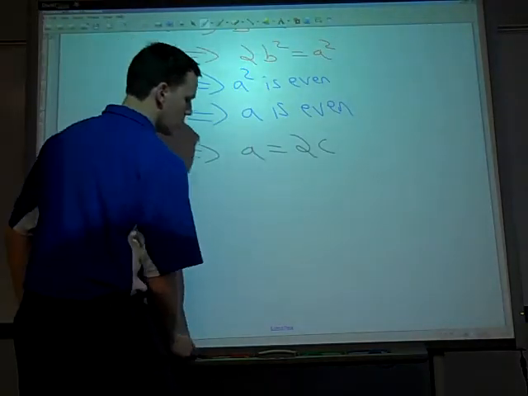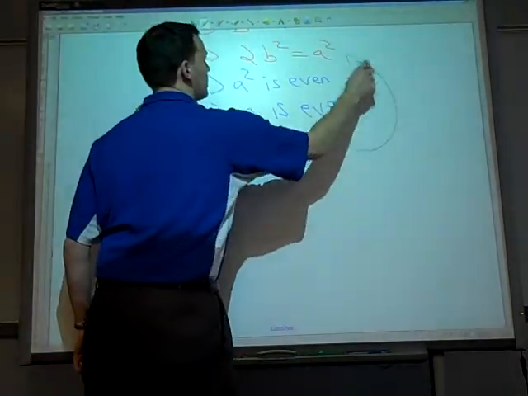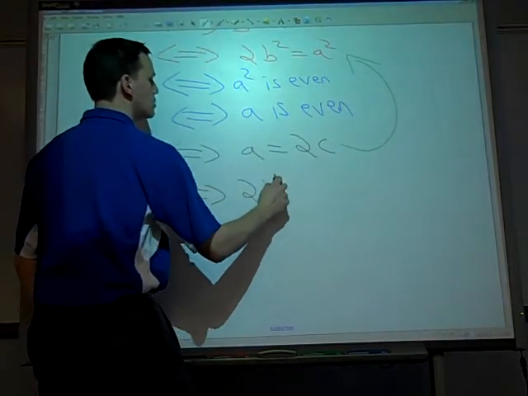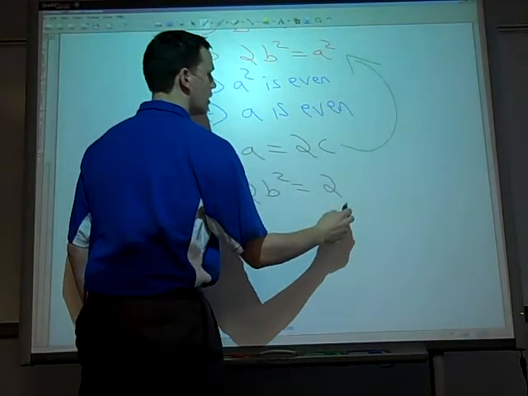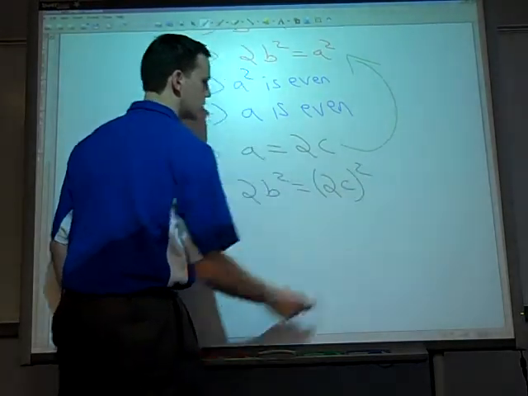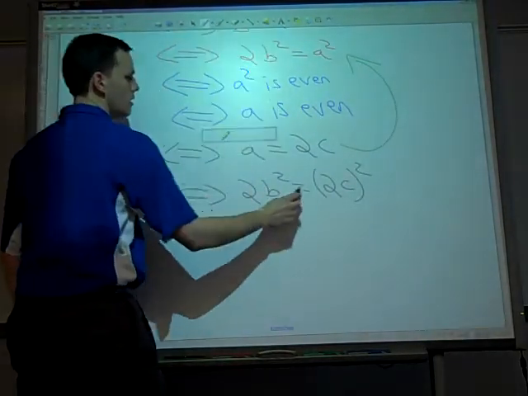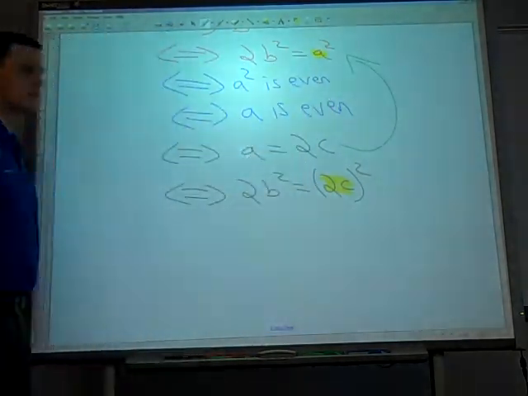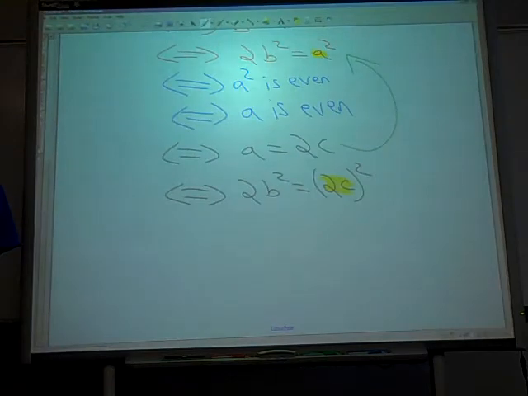So plugging that into here, this means that 2b squared equals (2c) squared, where this 2c was a. We just substituted. Everyone okay? Anyone lost? All right.